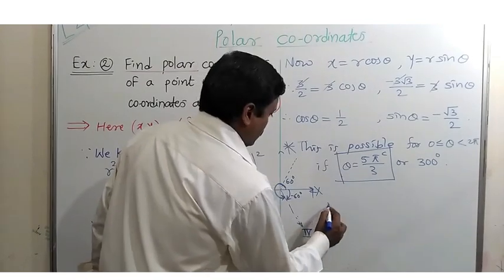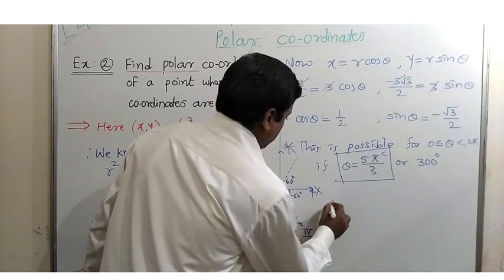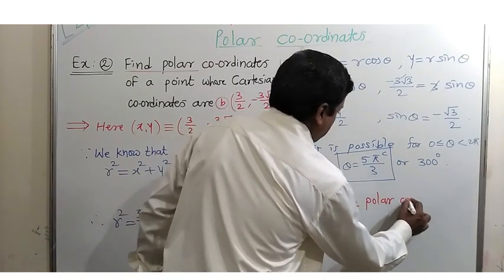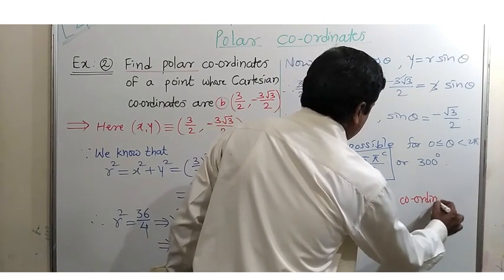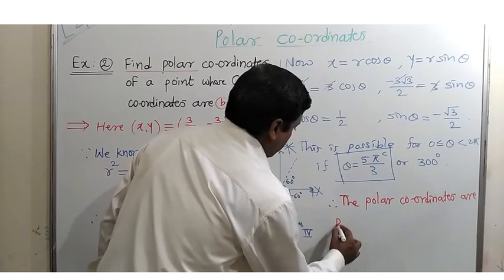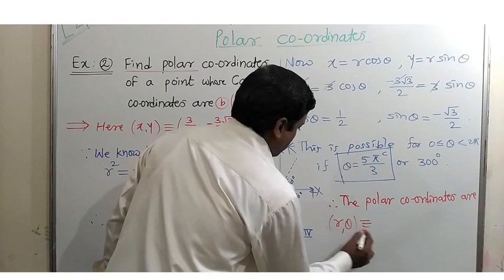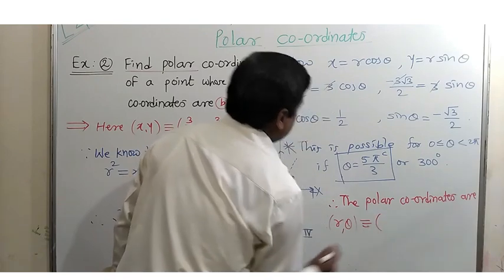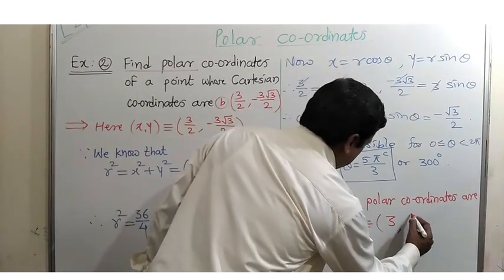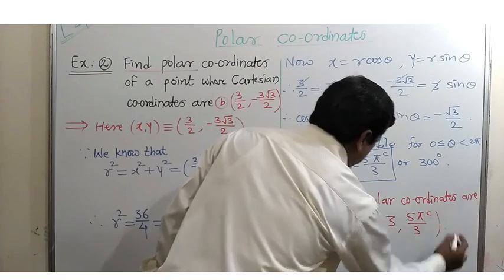Therefore the polar coordinates are r, theta, and here the value of r is 3 and theta is 5 pi by 3 radian.